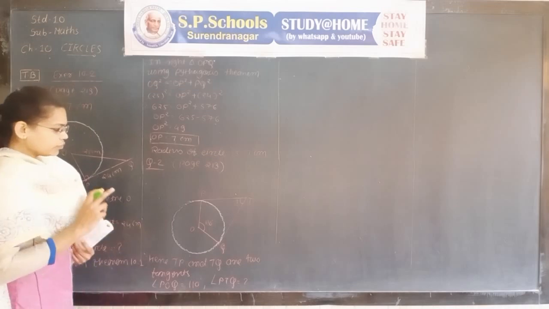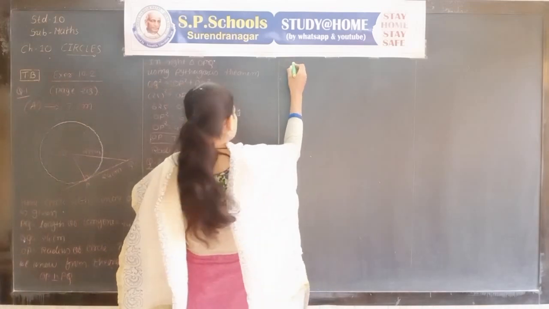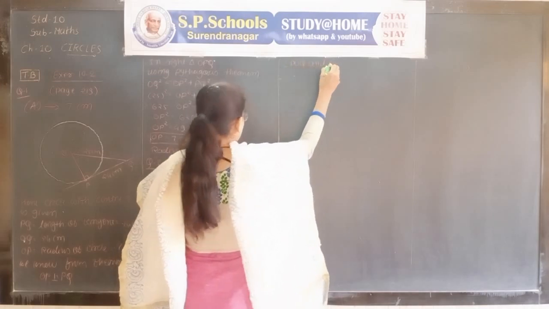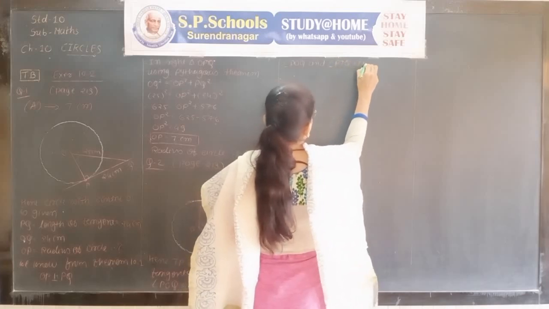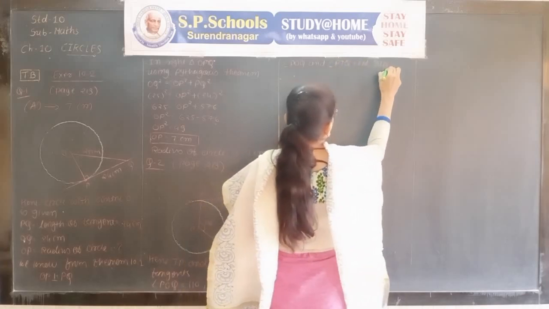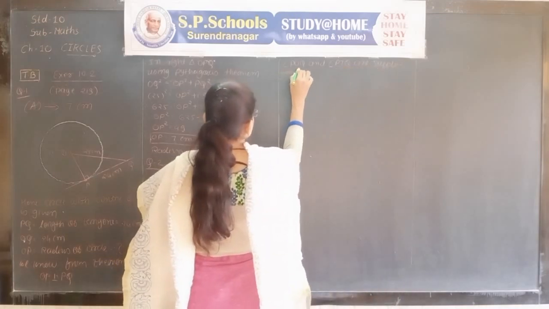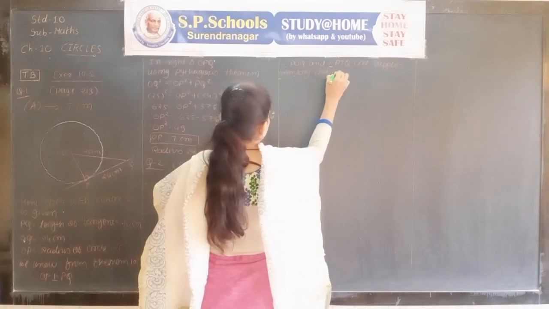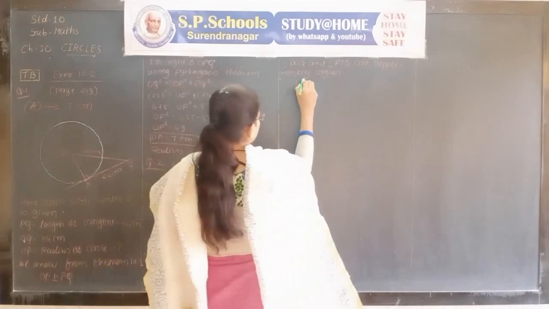Angle POQ and angle PTQ are supplementary angles, so that the addition of both angles is 180 degrees.